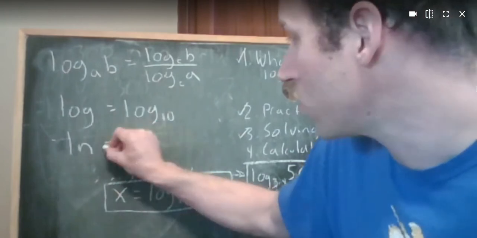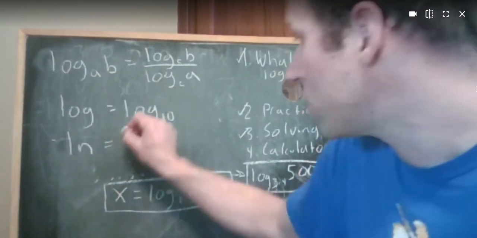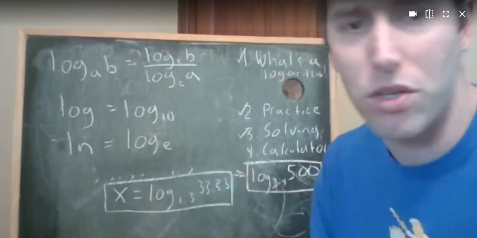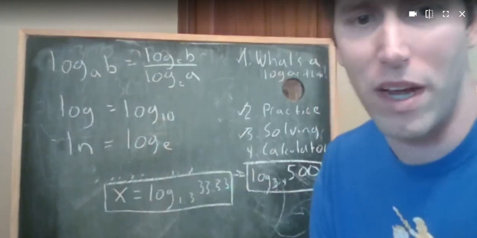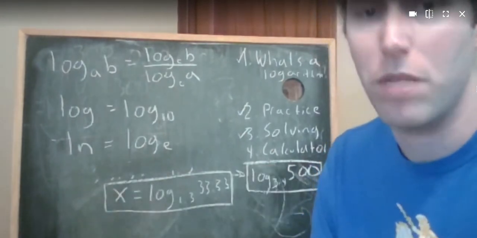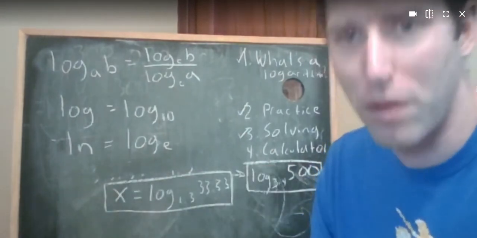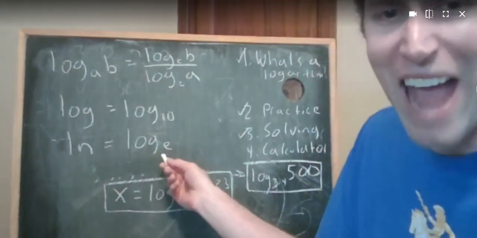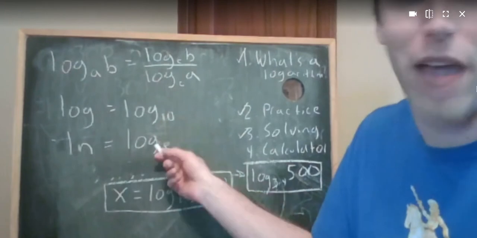The most commonly used one is ln, which is log base e, where e is that irrational number, 2.718281828, goes on forever, that you may remember from Algebra 2. It shows up a lot in interest rate problems, probability problems. We've seen it before in this class as well. This is called the natural log. Common log, natural log.